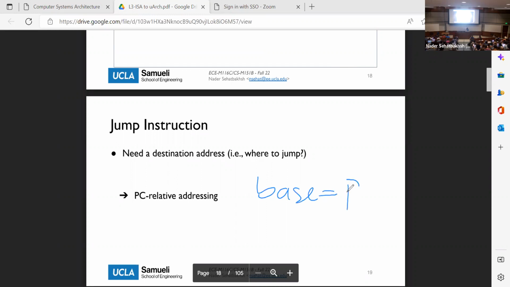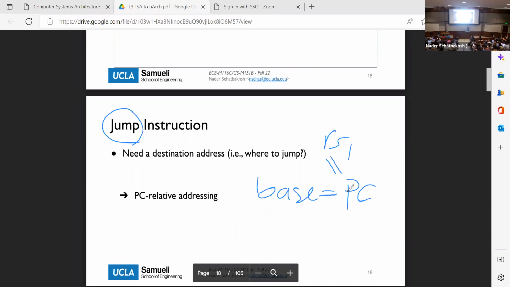Remember I told you that in memory, we think that our base is RS1. For the jump instruction, we assume that RS1 is the PC, okay? So we don't need to provide RS1 to the instruction. We just provide the offset. And that offset automatically takes the base from the PC and just adds to it, okay?